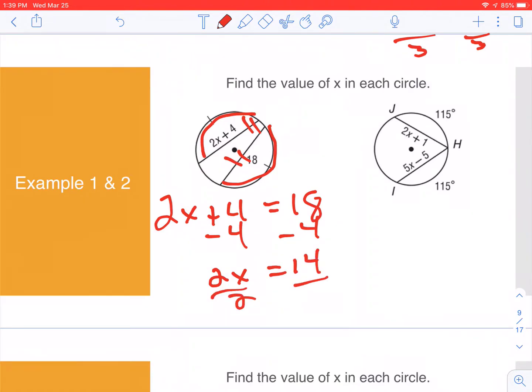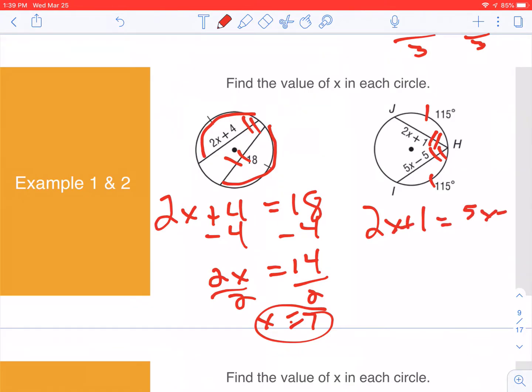Divide by 2, divide by 2, x equals 7. Over here, we can see that because 115 and 115 are equal, then 2x plus 1 is equal to 5x minus 5.